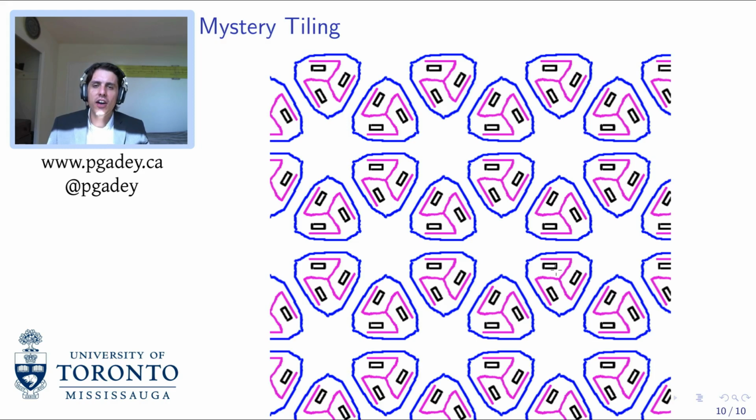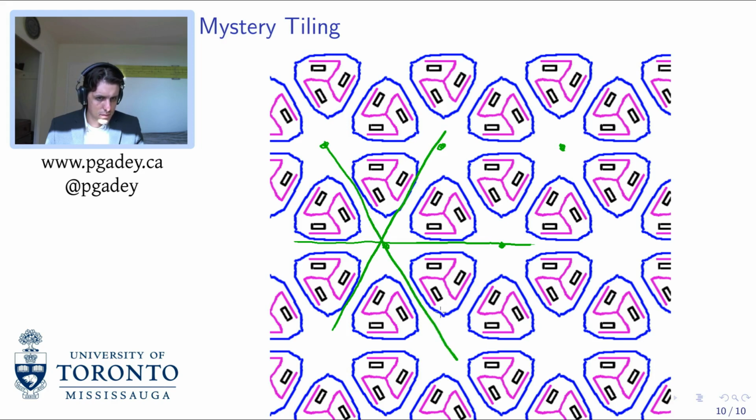Okay, I would like to end off with one last tiling. This is a bit of a mysterious tiling. I drew it, and I want to take you through a little bit of the structure inside this tiling. So notice that we have 6-fold rotational axes. And if we look at the axes of symmetry, we notice that there's also a reflection across those lines.